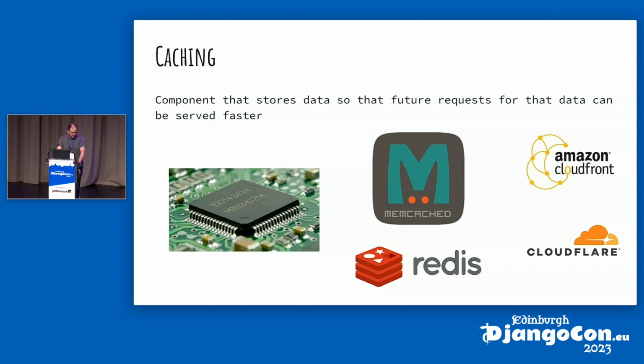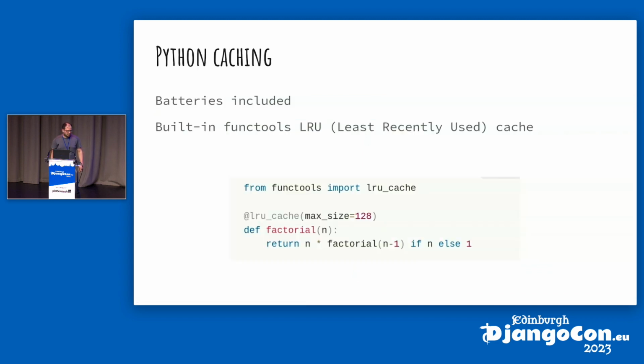Starting with what's caching. Caching is a component that stores data so that for future requests, you don't need to process that again, and you can serve that data faster. And Python has a lot of tools to help you with that. Starting with the batteries included in the Python library, we have functools.